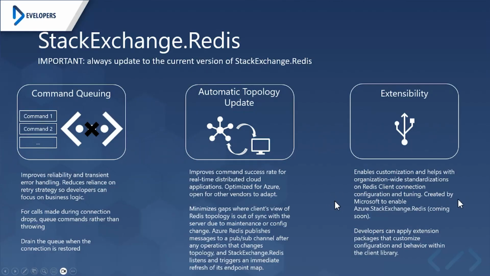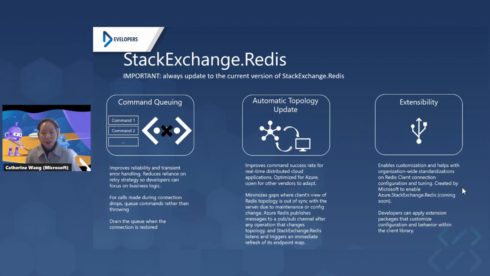And then extensibility. This enables customizations and helps establish standards for how Redis client configurations will be set. For example, you can define the connections to always be SSL enabled, which is a good policy enforced for compliance reasons.